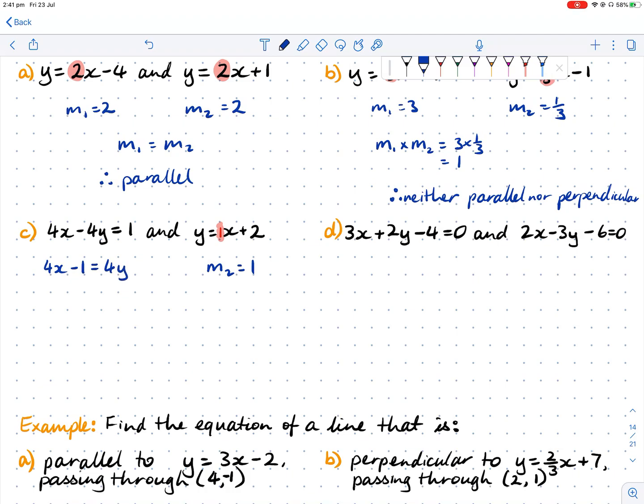Then we're going to divide everything by 4. 4 divided by 4 is 1, so we've got x minus a quarter equals y. Then you can see clearly what the gradient is. The gradient, again, is the number in front of the x. That's going to be 1, so m1 is equal to 1. So we've got m1 is 1, m2 is also 1. These two lines are parallel, so therefore parallel.